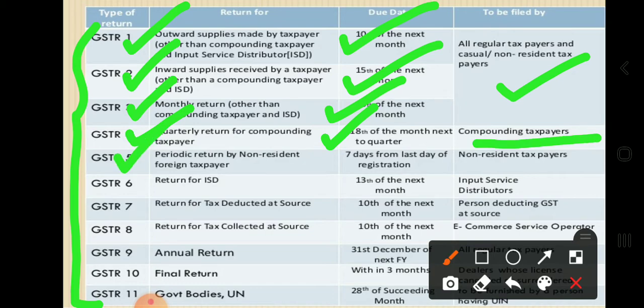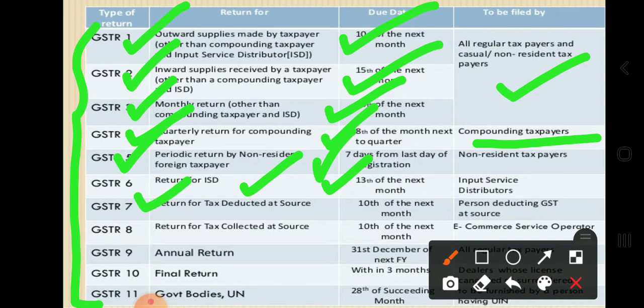GSTR 5 is the periodic return by non-resident foreign taxpayers, to be filed within 7 days from the last day of registration. Next, GSTR 6 is the return for ISD, that is input service distributor, to be filed by 13th of the next month. GSTR 7 is the return for tax deducted at source, which we will read in detail in subsequent videos.